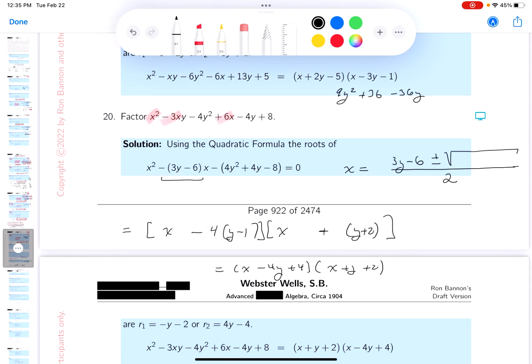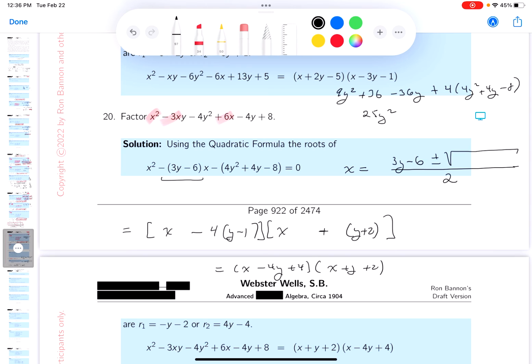Let's see if I did that right. 9y squared, minus 18 is minus 30. Yeah, I did okay. And then it's going to be minus 4ac. Well, I could see that as plus 4y squared plus 4y minus 8. And I got to do that now. And what do I see? I see 9y squared plus 16y squared is 25y squared.